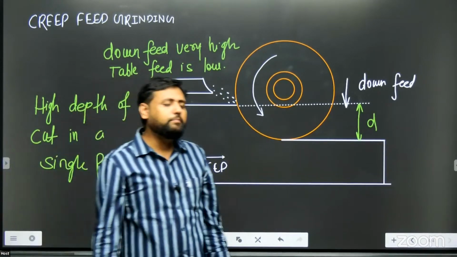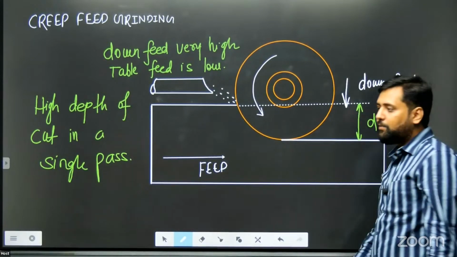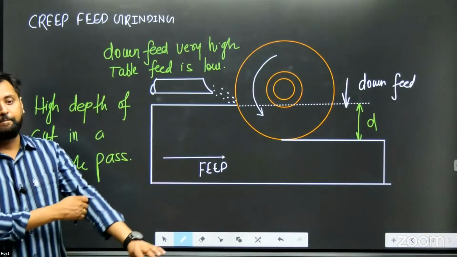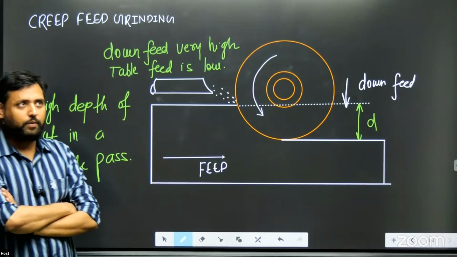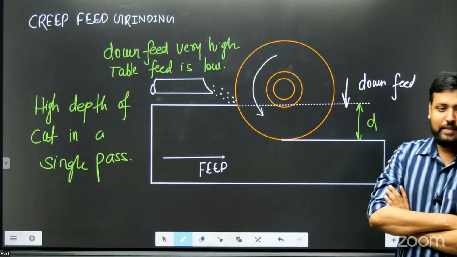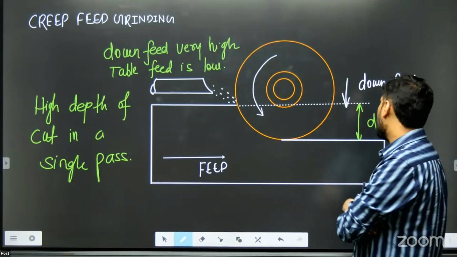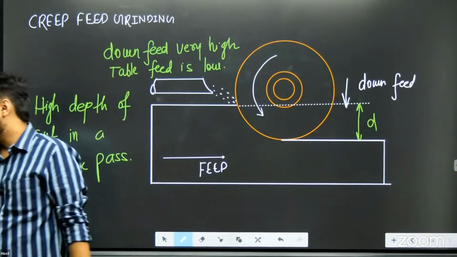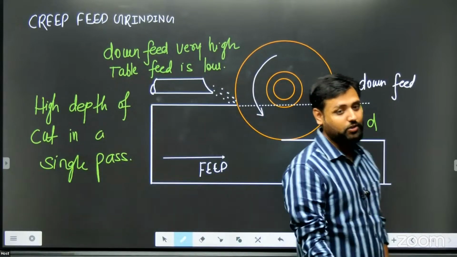But suppose it becomes very necessary that you have to cut larger depth of cuts, but by grinding, then in that case we use creep feed grinding operation, where we keep the down feed very high, but at the same time the table feed is very less, because to compensate that high down feed, table feed is decreased, because again grinding is not designed for high MRR operations.